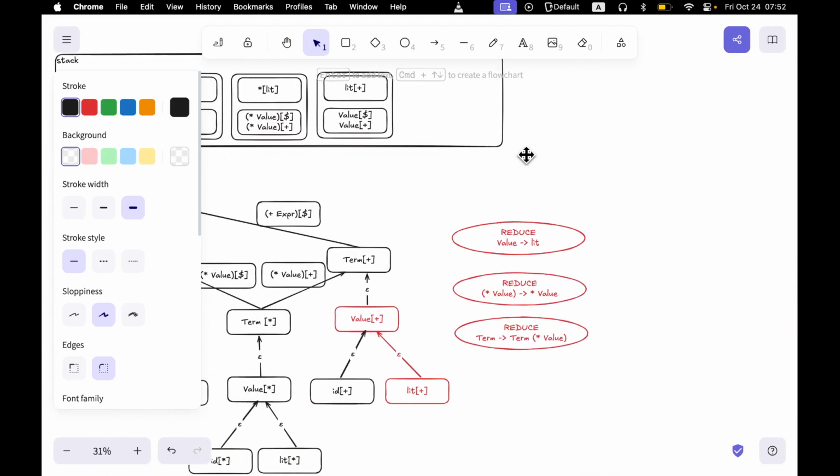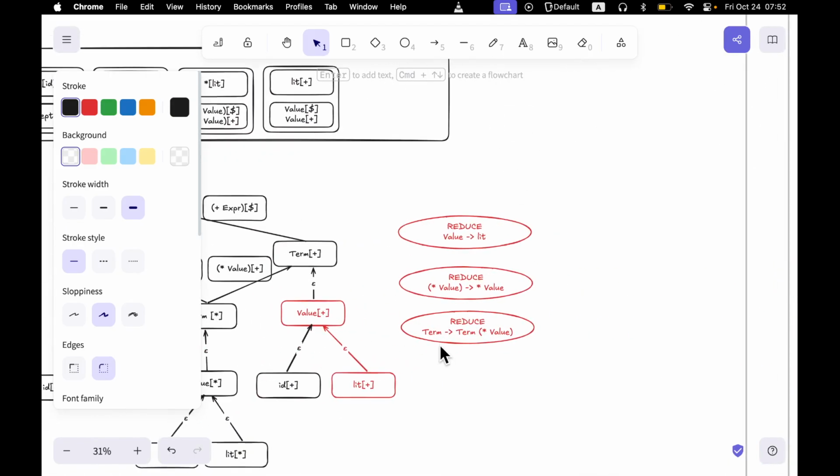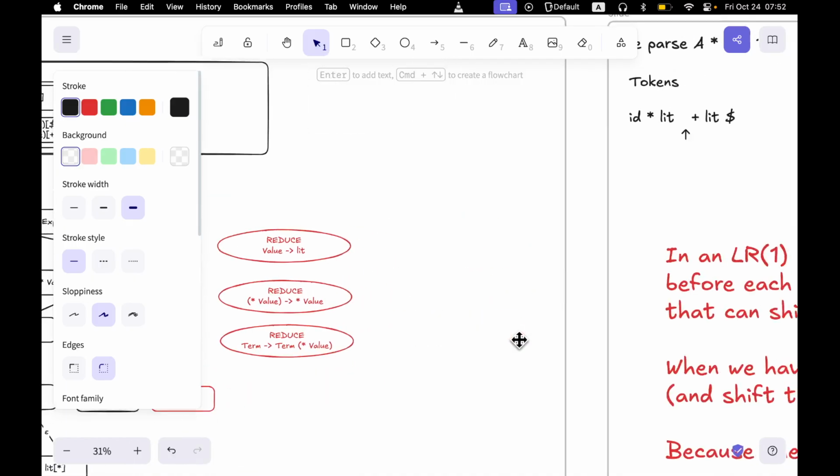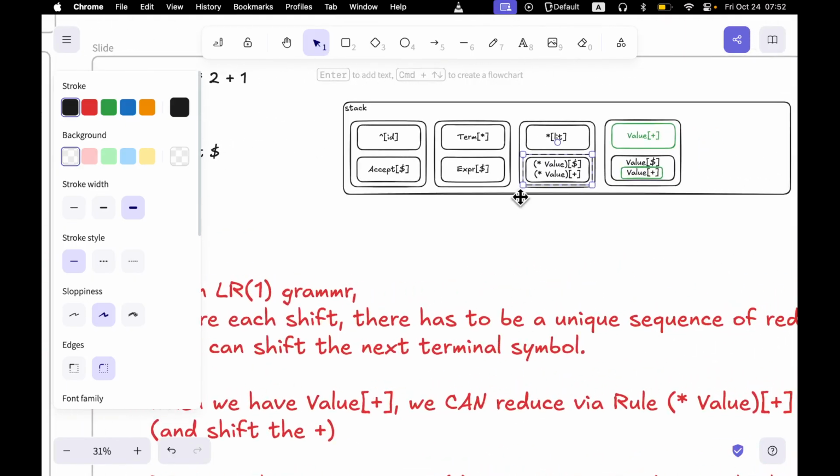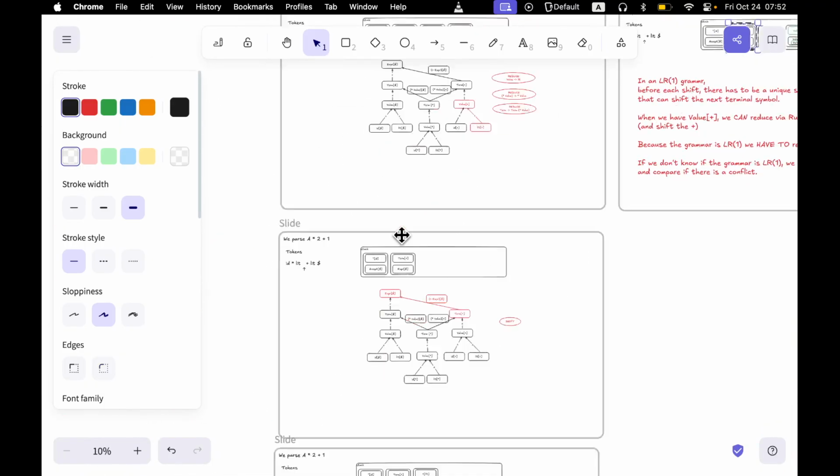And then you can use term plus, reduce this into term star and star value plus, which converts this into term plus. And then you get this state of the stack.